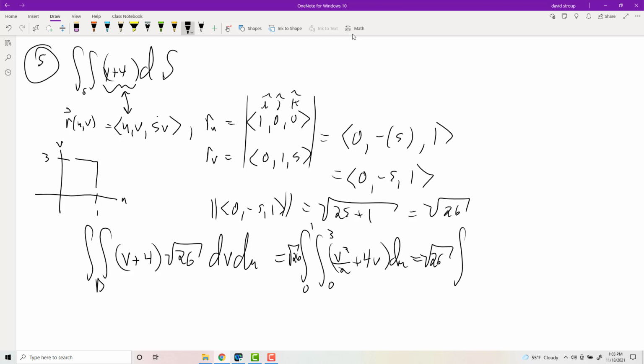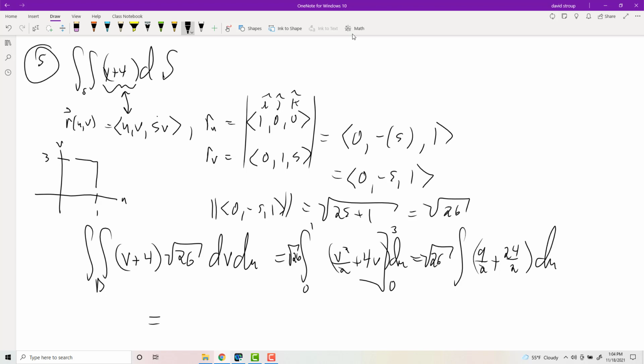Oh, I didn't mean to integrate that already. Okay, so I integrated. I just have to evaluate on 0 to 3. Putting in 3, I have 9 halves plus 12, which is really 33 halves.